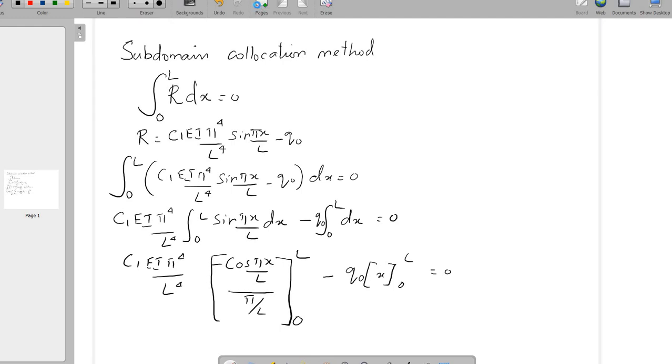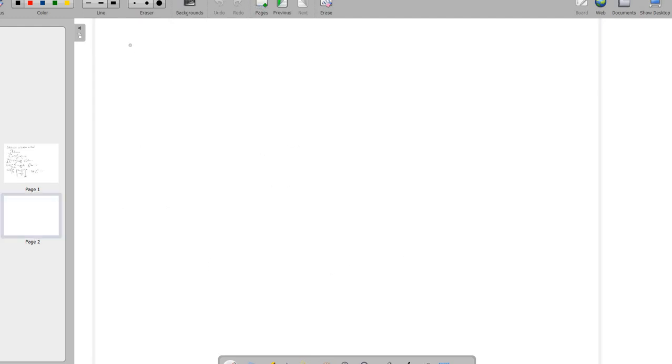So on the next page, we are going to apply the upper limit and lower limits. Pi power 4 by L power 4.